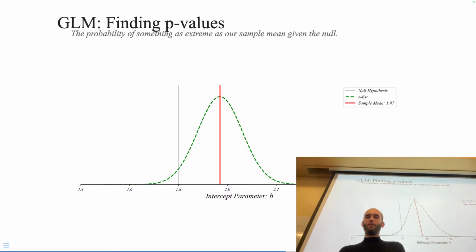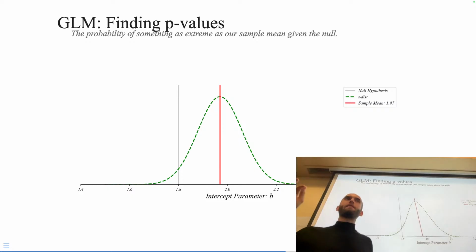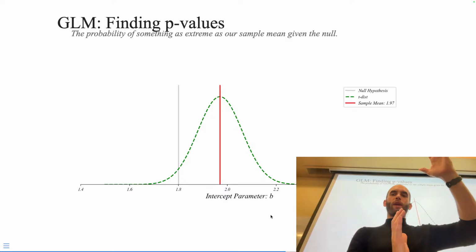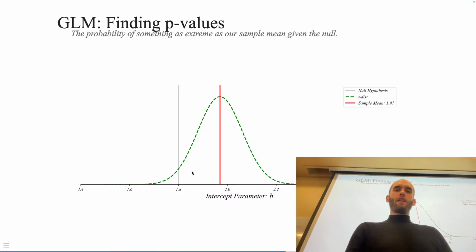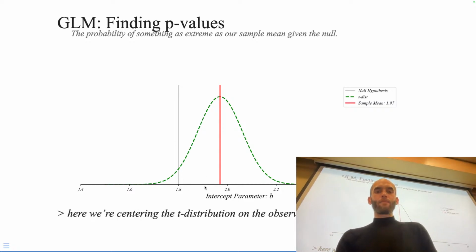All I'm going to do to find the probability of seeing our sample mean under the null hypothesis, the intercept term under our null hypothesis of 1.8 minutes, this is the figure that we look at. And if you prefer, we could flip it vertically. But all we do, just like we did with our more traditional hypothesis testing approach, is we just find the probability in the tails.